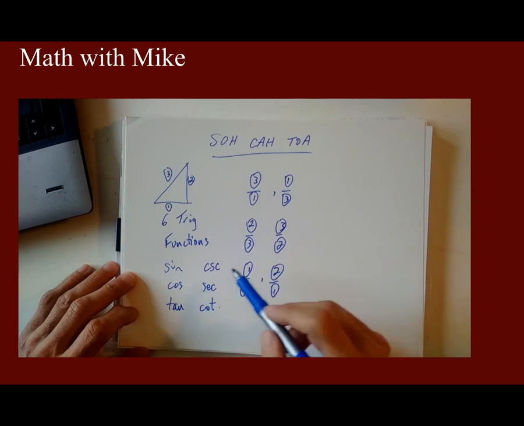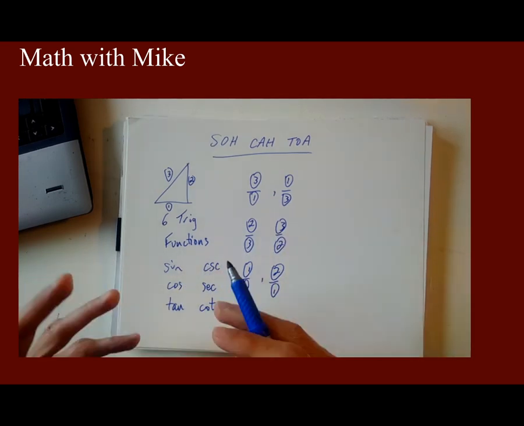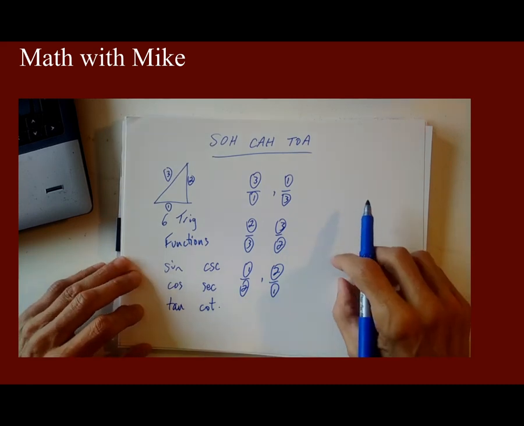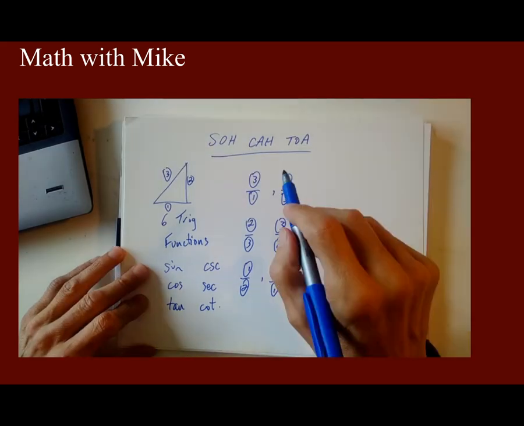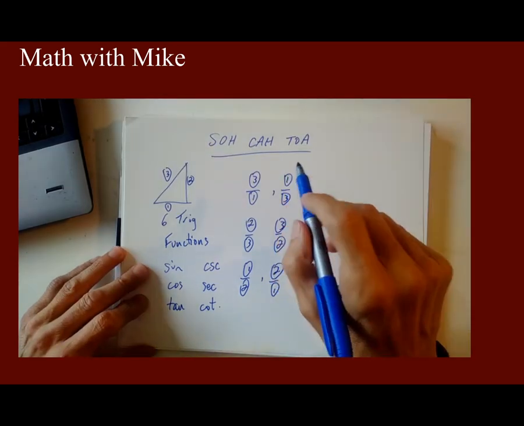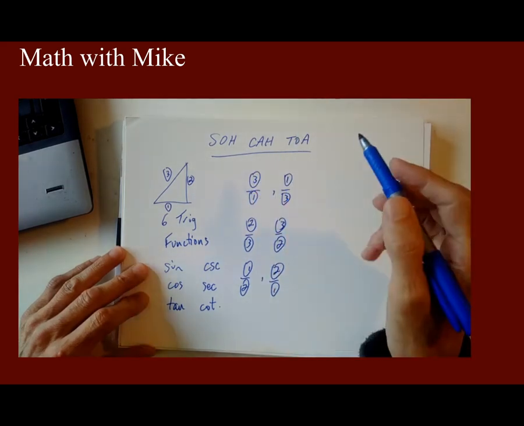They get attached, or connected rather, and then we have the name for a particular fraction. Now, first of all, we're not going to use all 6 right now. We're going to use only sine, cosine, and tangent.